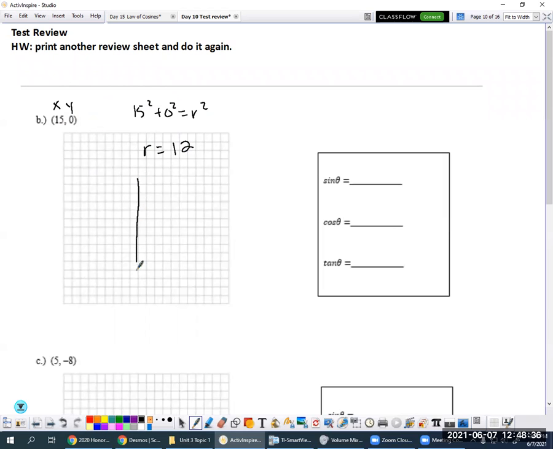Like if you were to sketch this, and I'm not going to do this to scale, if we say this is 15, 0, I have 0 degrees. Sine of theta, Y over R. Whoa, why did I write a 12 here? It should be 15, dummy. Is 0. Cosine of theta, X over R. Tangent of theta, Y over X.